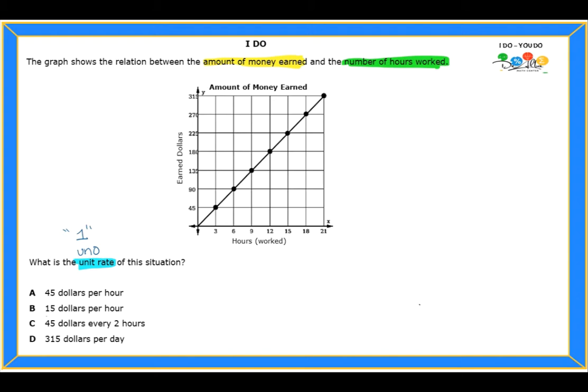So the amount of money earned is on the y-axis, okay? The hours that the person works is on the x-axis, okay?